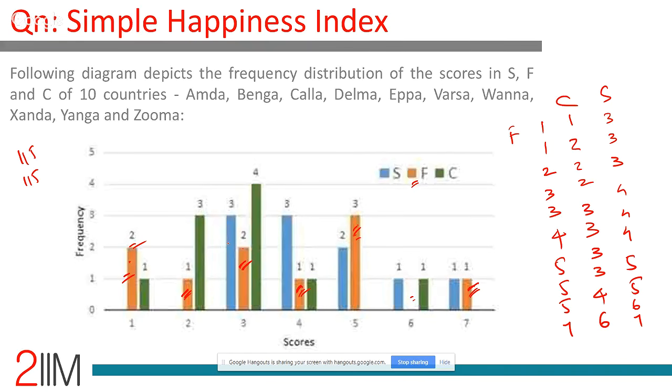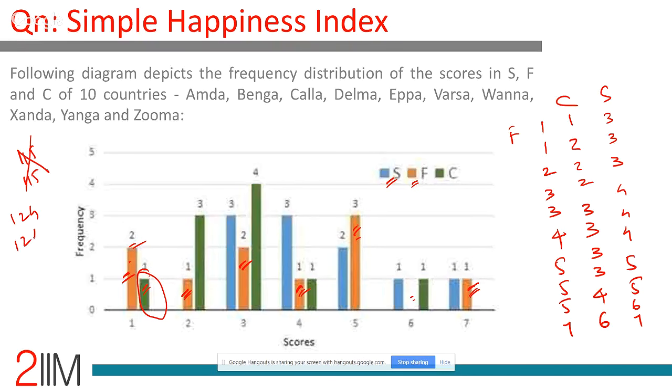Is that possible? Can two guys get 115 115? That means there should be 4 ones to start with. Both of them could have got F1 and 1. They don't have room for C1 and C1, and only one guy has got a C1. Nobody has got an S1, social support one. So 115 115 is out straight away.